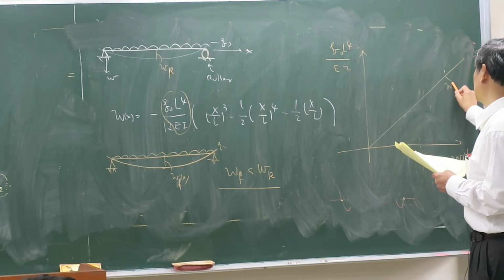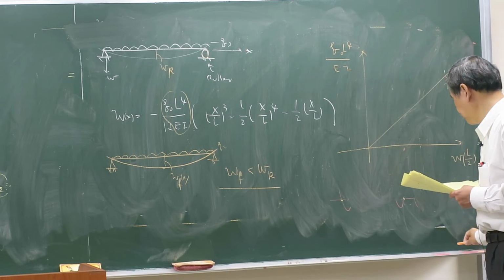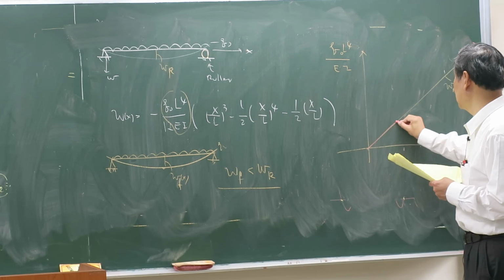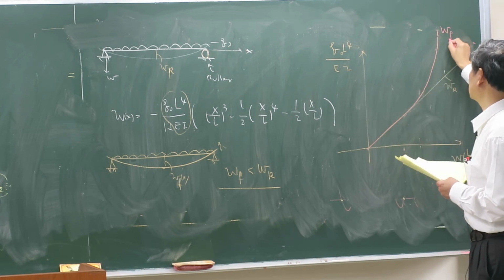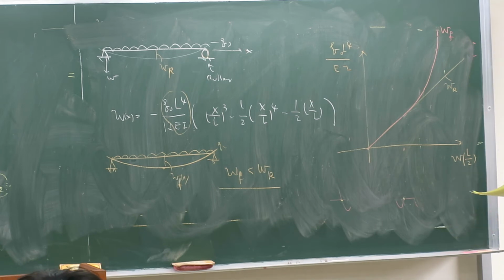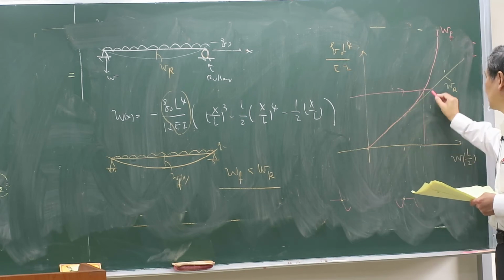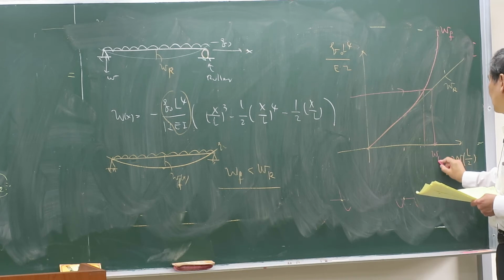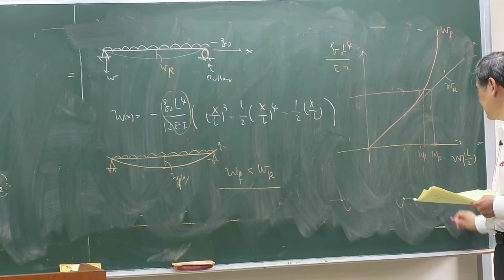This is W roller, and this will be W with fixed hinge. That means for the same loading, this is W roller and this is W fixed at half L.